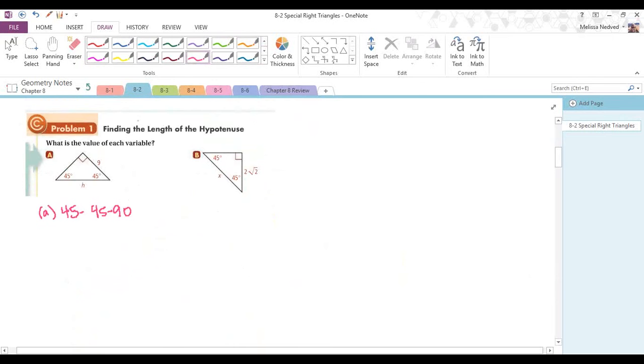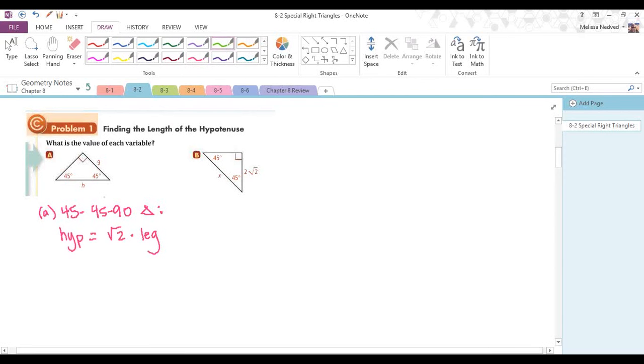In this case, it is a 45-45-90 triangle, since I have an isosceles right triangle with my base angles equal to 45 degrees. And knowing that's a 45-45-90 triangle tells me that my hypotenuse has to be equal to the square root of 2 times the leg.